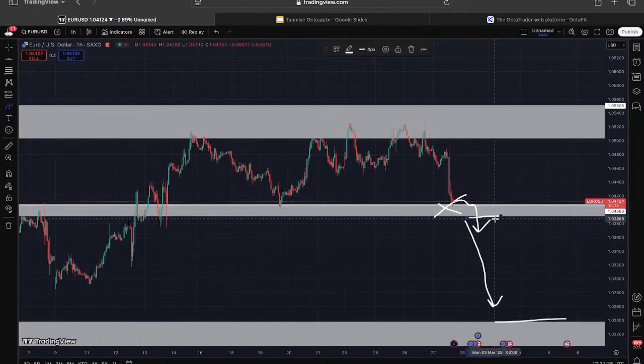All right, then you get your confirmation of selling. Okay, if you are following momentum, then you are looking at selling from here, because the bearish momentum is high.